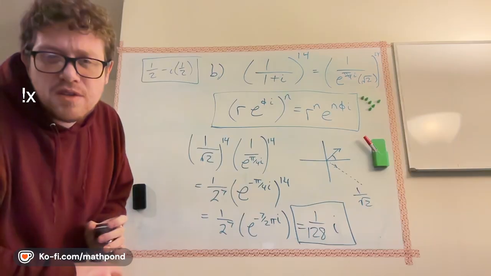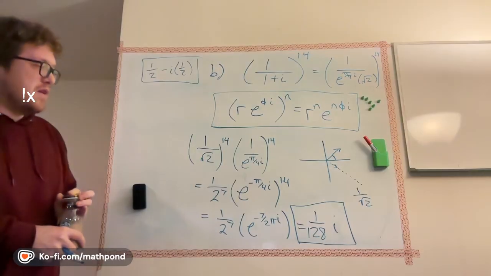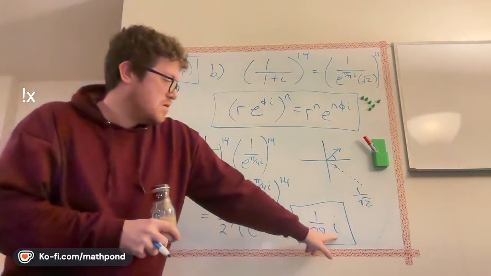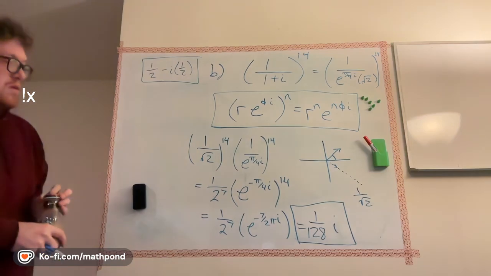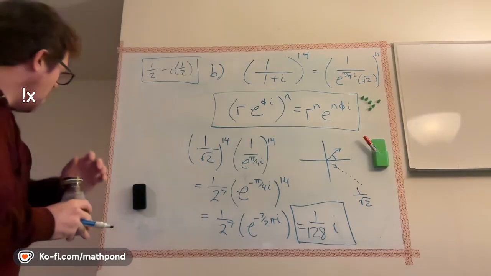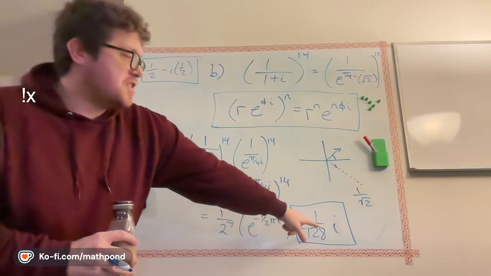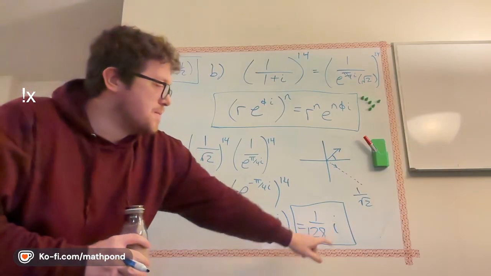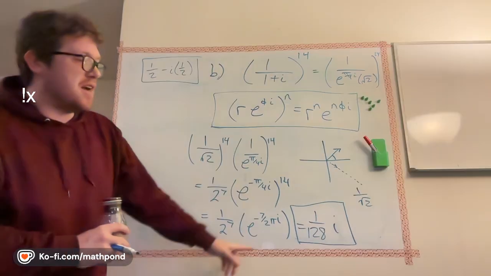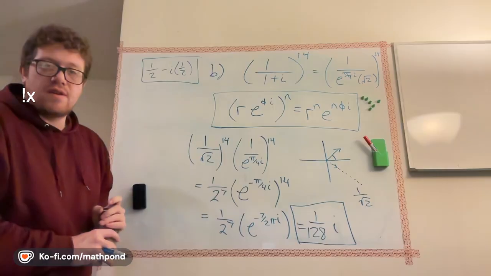Cosine is 0, sine is 1. Right, Rex is saying that the cosine is 0, that's why you have no real part here, and the sine is 1, and that's why you have the i here.